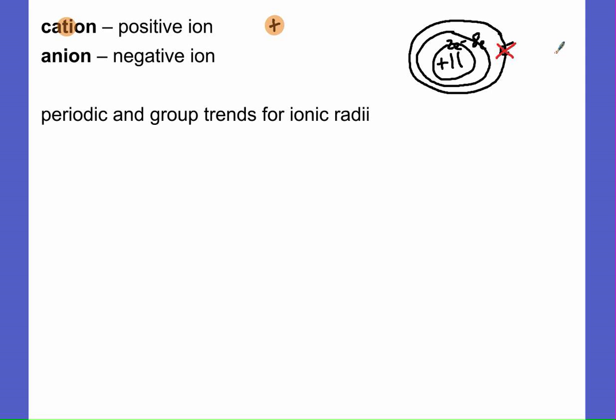So for metals, when they lose electrons and they turn into these positive cations, because when you're losing an electron, you have more protons than electrons now, right? Metals shrink when they ionize, when they become ions, when they lose those electrons. So sodium before and after, there is going to be a difference.